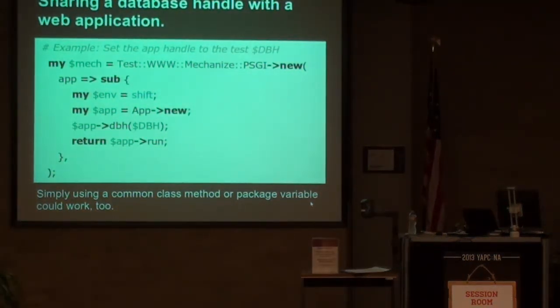This is a closure technique. This is just an example. You can figure out another way to do it. If your database handle was available in a class, or like a class method, they could share it. They could both access the same class method, or in this case, it's the idea that my PSGI app actually has a little wrapper where within the wrapper it accesses a database handle from the test suite, so they set to each other.